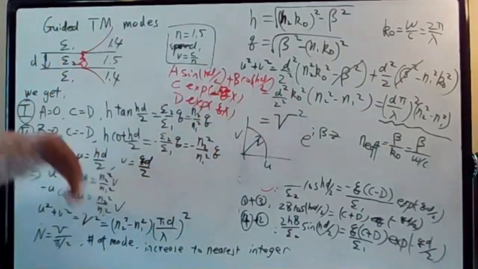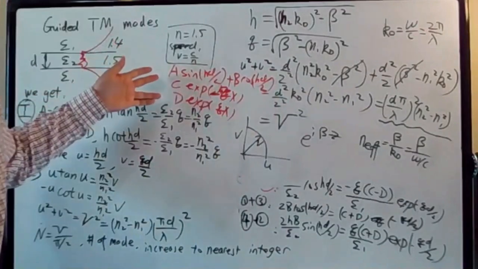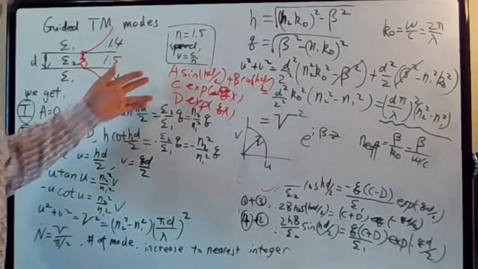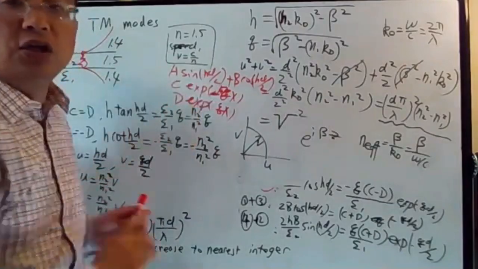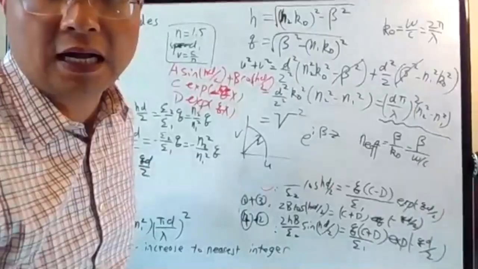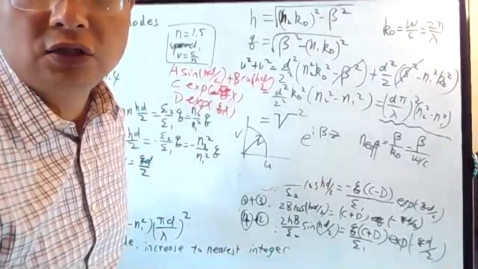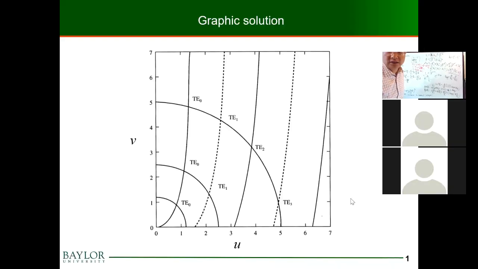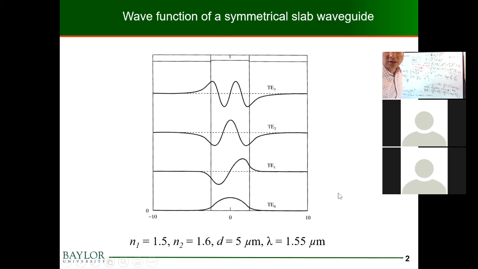So you can go back to here to find the mode. Once you write it down, you get this shape.